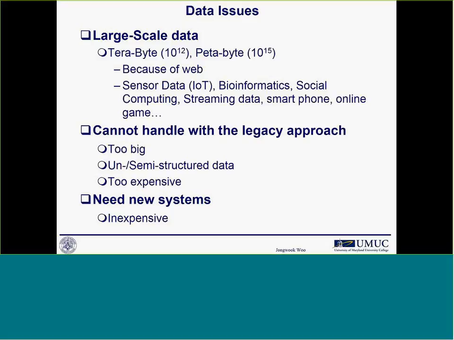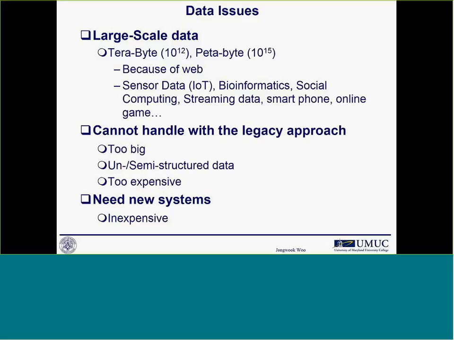So the issue here is that using the legacy approach, we cannot handle this data. The legacy, traditional approach is the relational database and data warehouse. Using these traditional systems, we cannot handle this data because the data is too big.